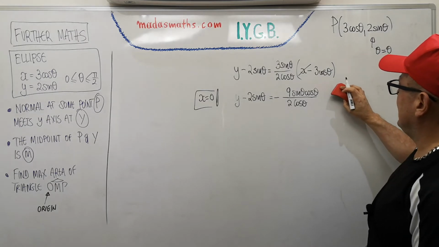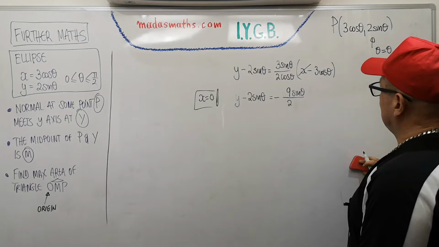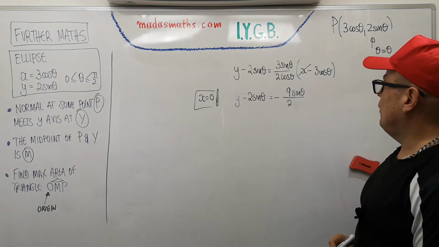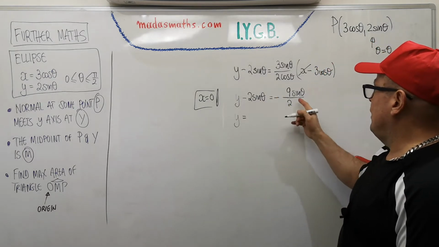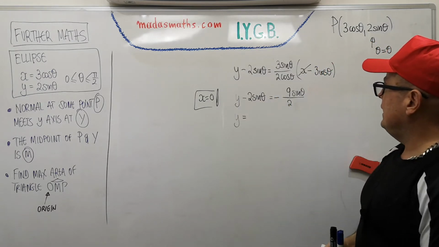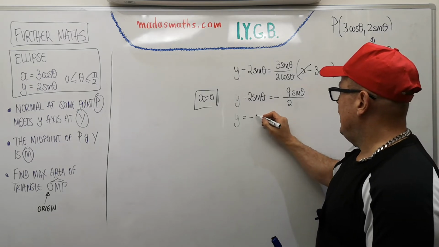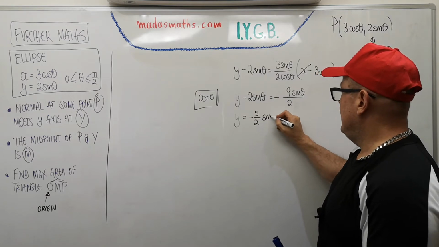And of course, on your next line, you can cancel the cos, top and bottom. And therefore, you're going to get 9 over 2 sine theta. And of course, take this negative 2 sine theta to the other side. Negative 9 over 2, 4.5, 3.5, 2.5. I'm making y minus 5 over 2 sine theta.